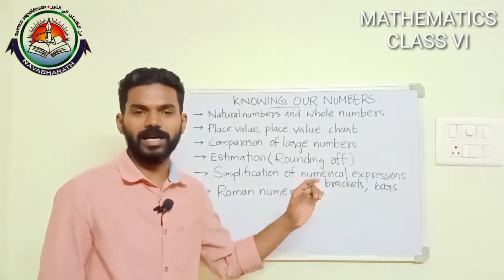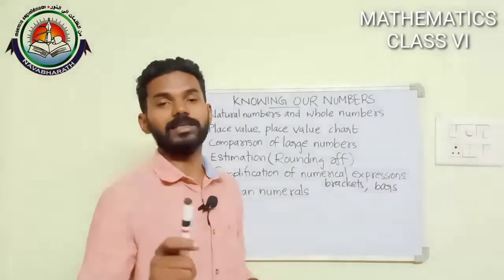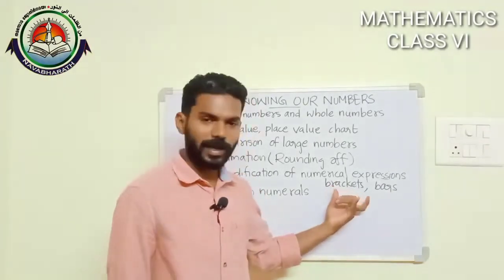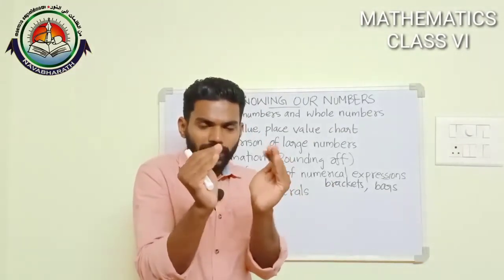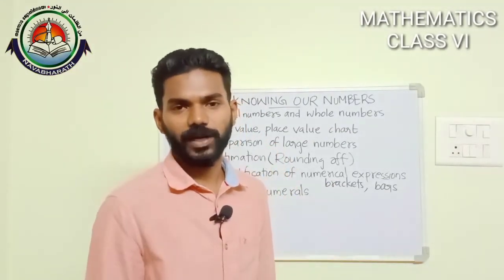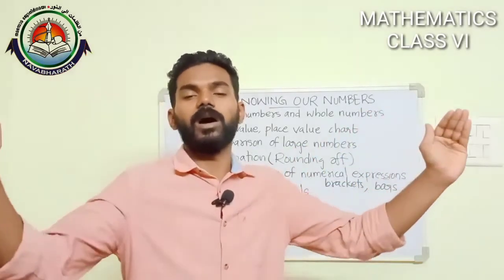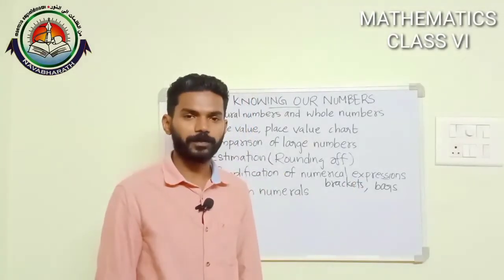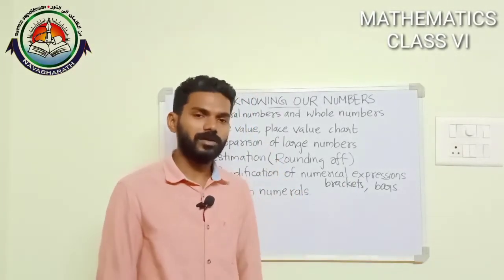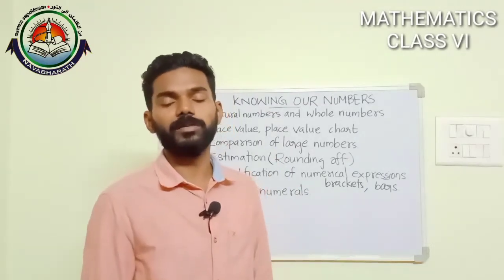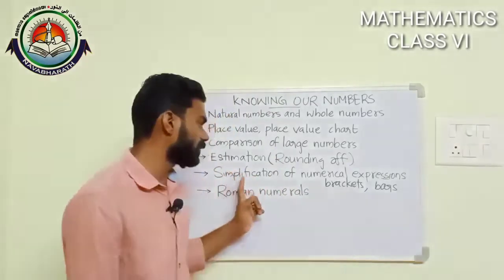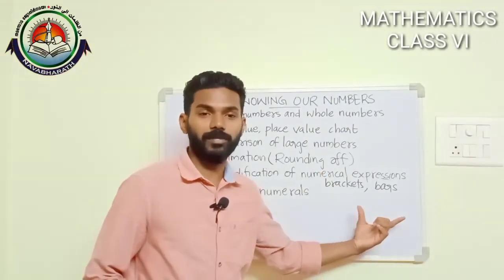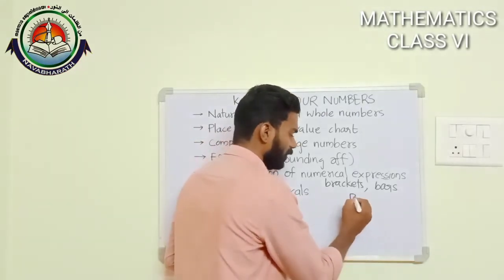If there are bars, then they have to be simplified first. And in the case of brackets, the inner bracket has to be simplified first. Then thereafter we go to the outer brackets for further simplification. Clear? And there was one more important point to be noted in simplification: there is an order for simplification, and that order was BDMAS.